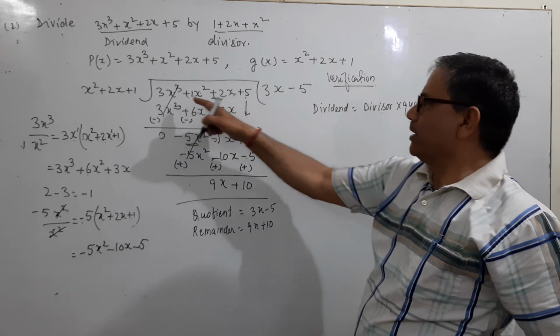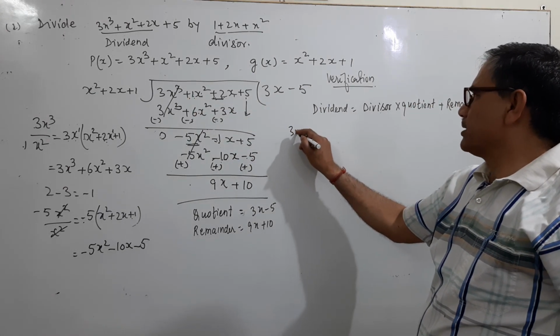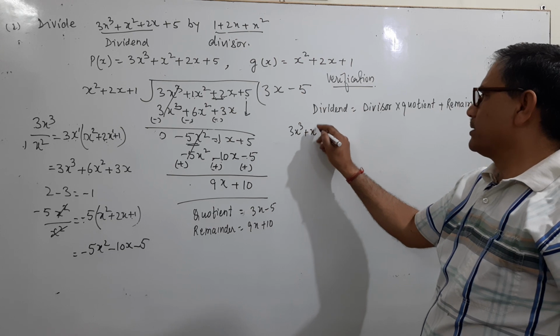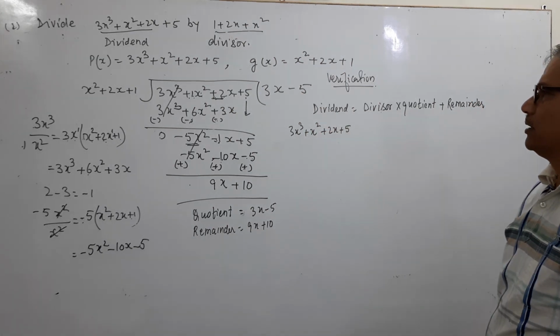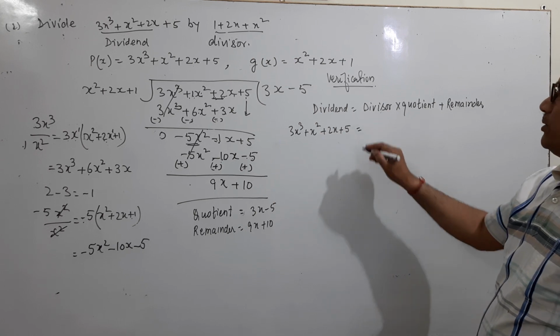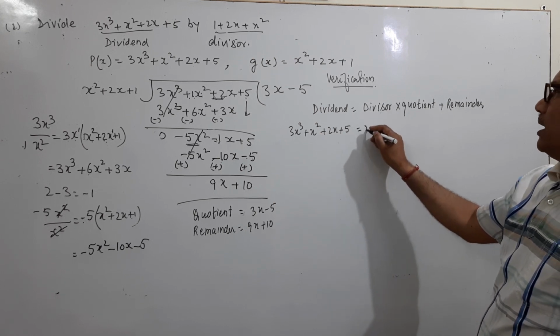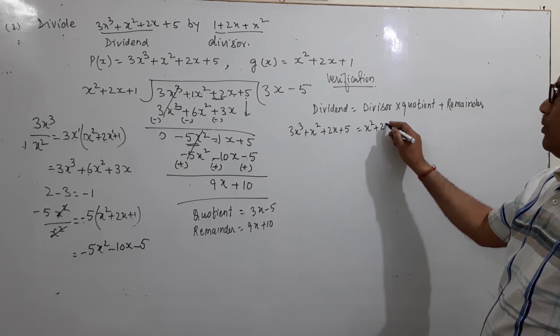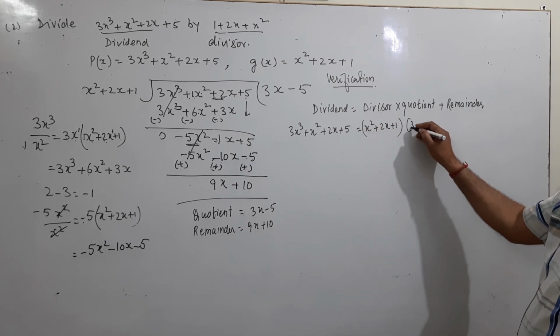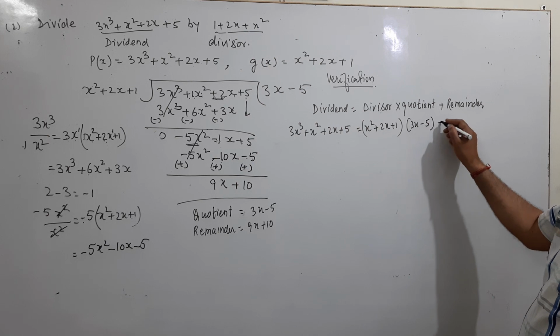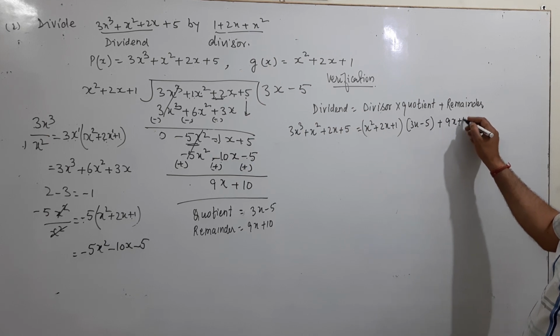What is dividend? Here is dividend. 3x cube plus x square plus 2x plus 5 is equal to divisor x square plus 2x plus 1 into quotient 3x minus 5 plus remainder 9x plus 10.